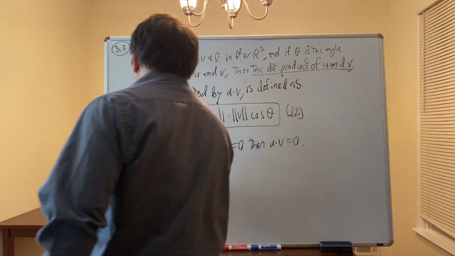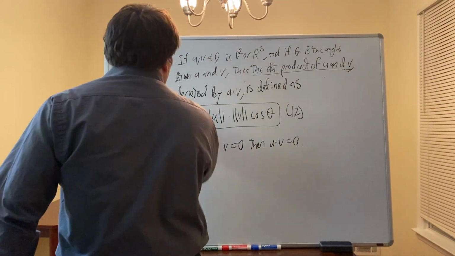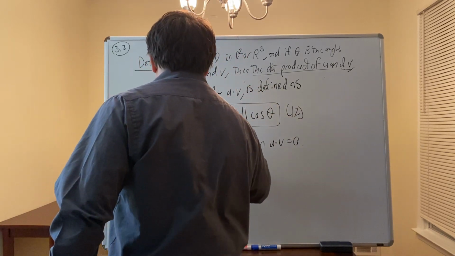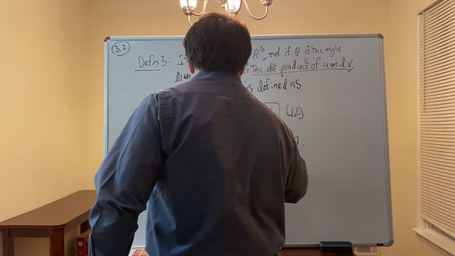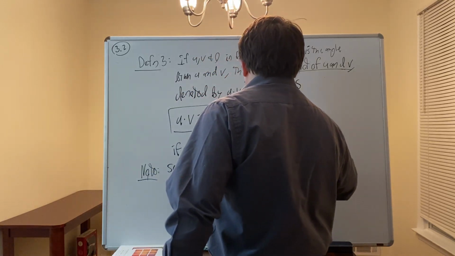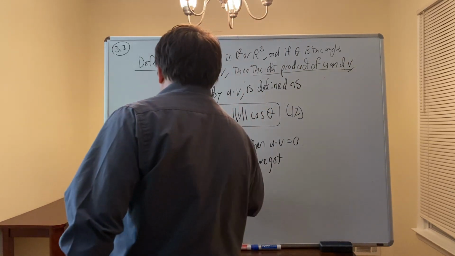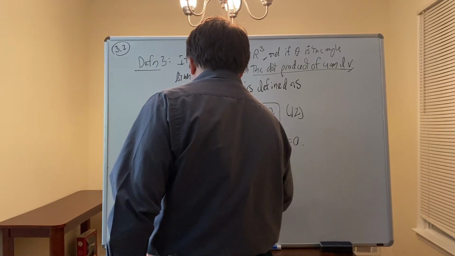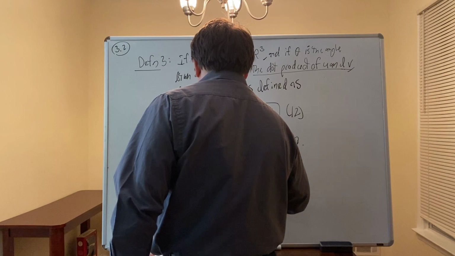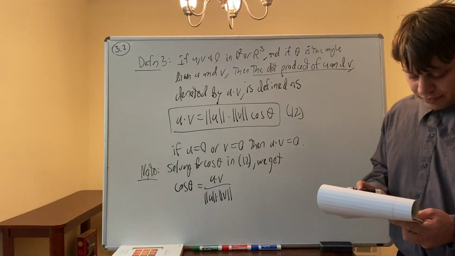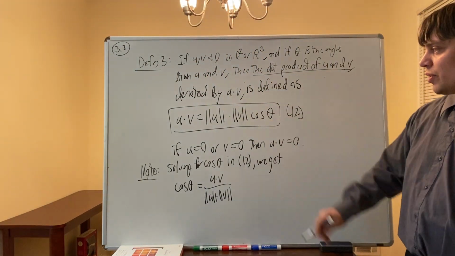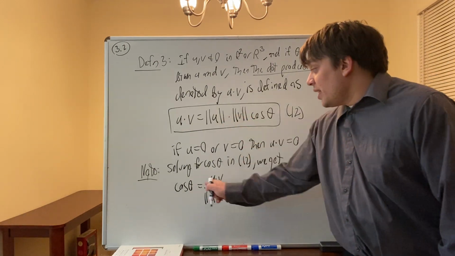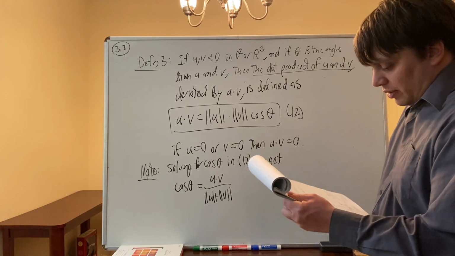As an important note to equation 12, solving for cosine theta, we divide both sides by the norm of U times the norm of V, and we get that cosine theta is U dot V over the norm of U times the norm of V.